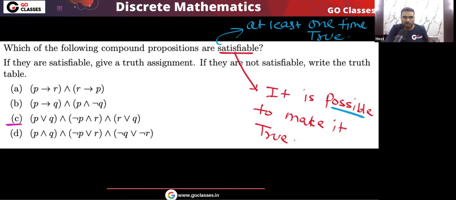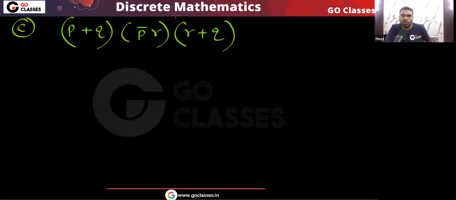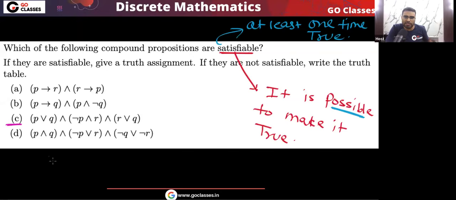Let me solve it, and the remaining options you can try. Let me take option C and check whether it is satisfiable or not. Option C is (P or Q) and (P bar R) and (R or Q). Remember, satisfiable means at least one time true.